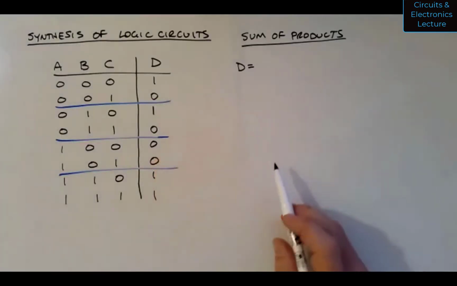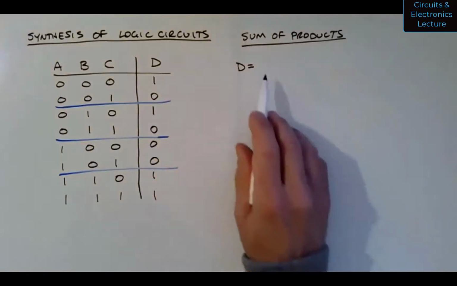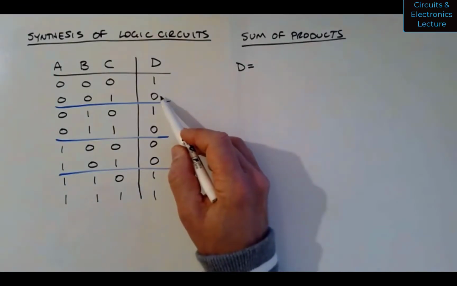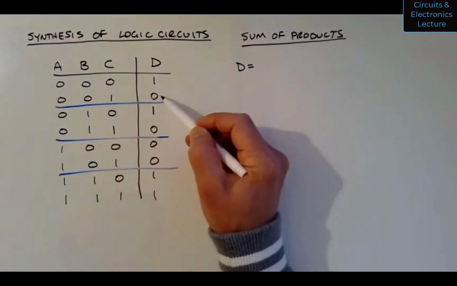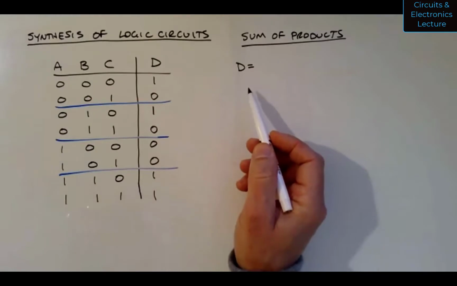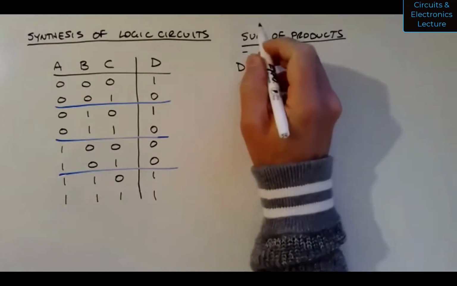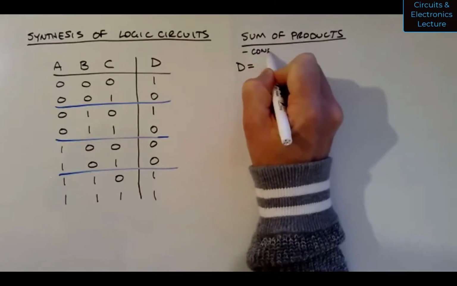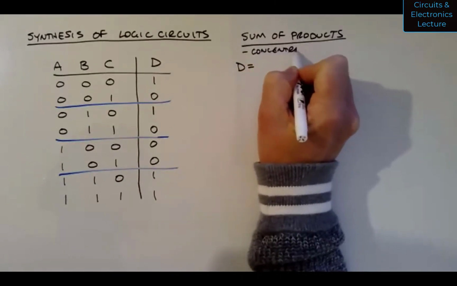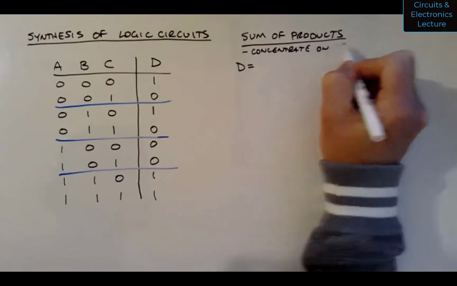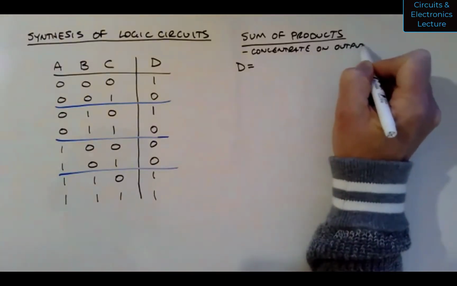And it's going to naturally fall out, you'll see, that where you have inputs for which the output should be 0, that's just going to happen. And I'll show you how that works. So let me write that down. Concentrate on output equals 1.